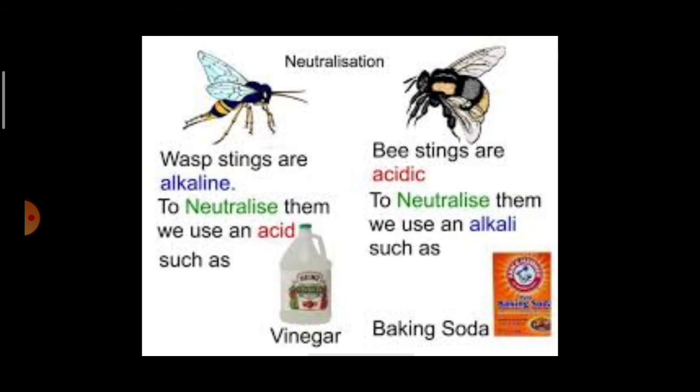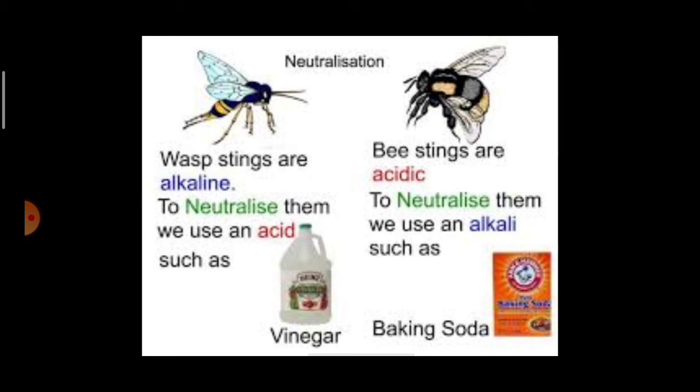But instead of an ant sting, if it is a wasp sting, wasp stings are alkaline in nature, that means they are basic in nature. So to neutralize them, we use acids such as vinegar. If there is a wasp sting and you use baking soda, that will be more dangerous.